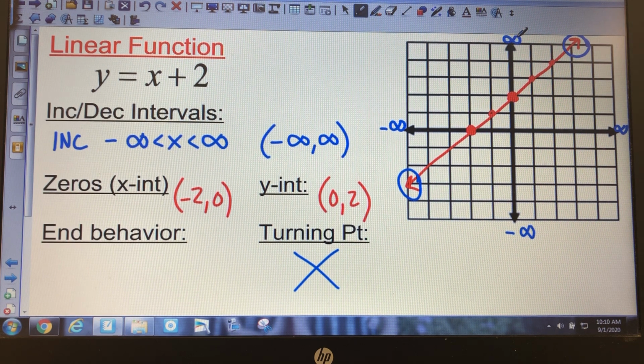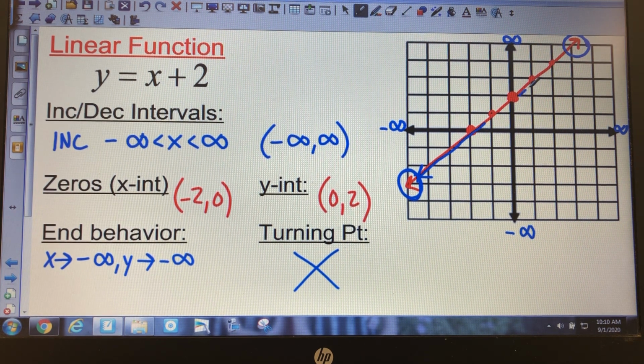So the left-hand end behavior, so as we're going to the left, so we're going this direction, where are we going? Well, the x is going left, so it's going to -infinity. The y is going down, so it's going to -infinity. So we would say, as x approaches -infinity, y is approaching -infinity. And that's referred to as your left-hand end behavior.